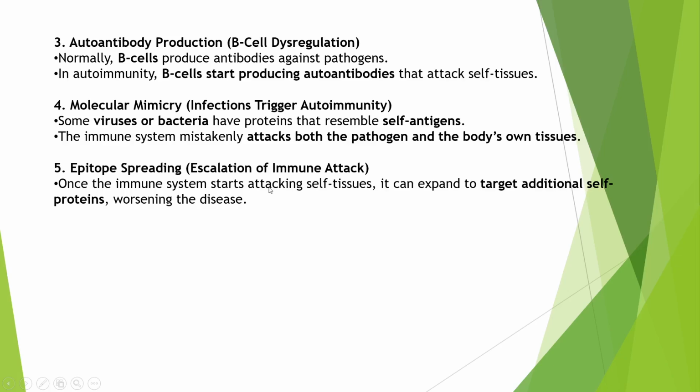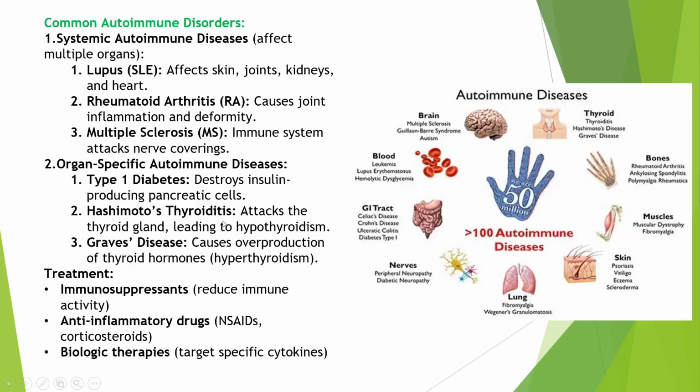So once the immune system starts attacking self tissues, it can expand to target additional self proteins, further worsening the disease. Some of the common autoimmune disorders are systemic autoimmune diseases that affect multiple organs. Like I said, it can be so extreme that it can reach a level of multi-organ immune attack.